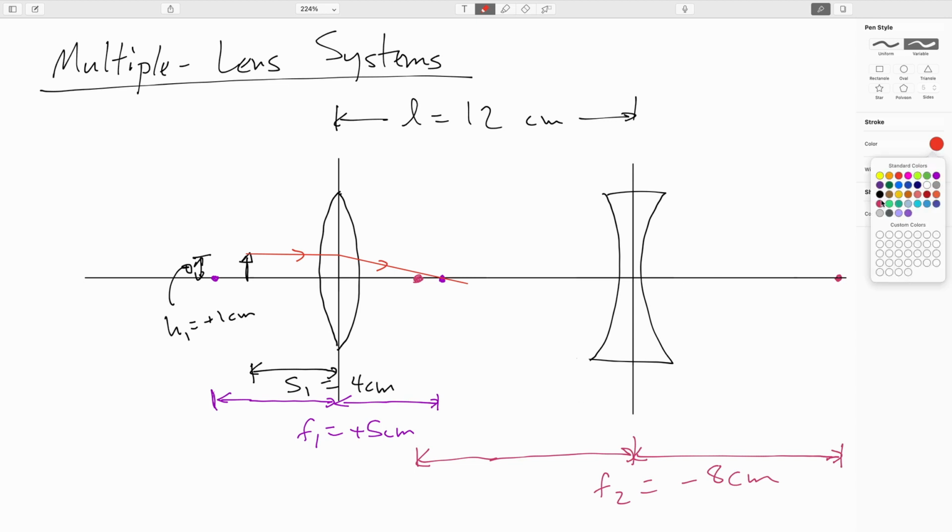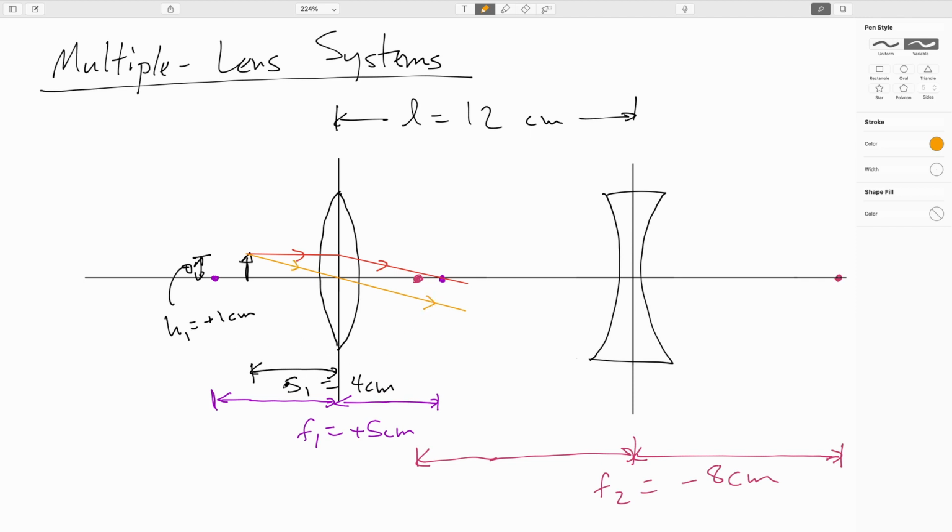All right, let's go ahead and do the central ray because it's our truest, bestest friend. And again, I'm not drawing it very long. And the reason is I know that the image is going to be virtual.